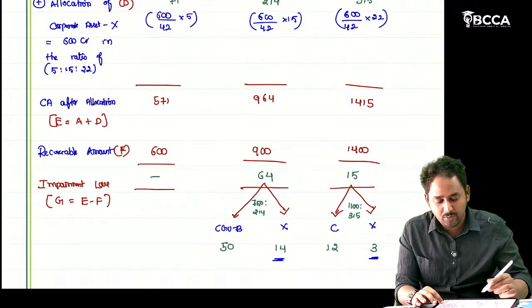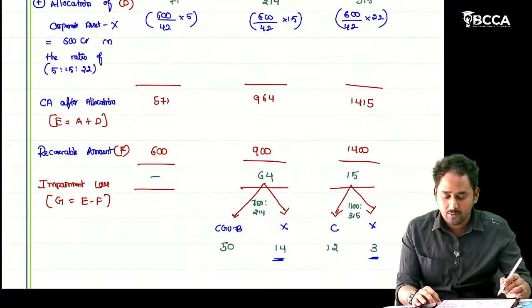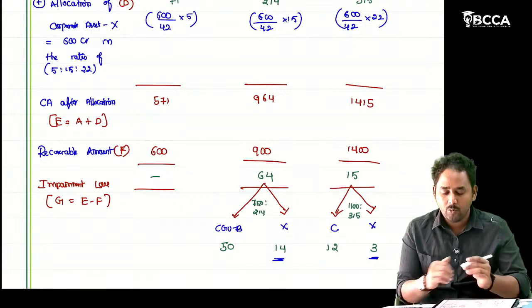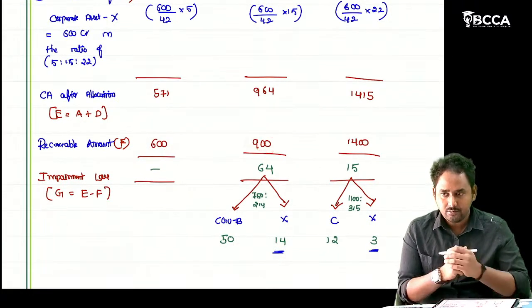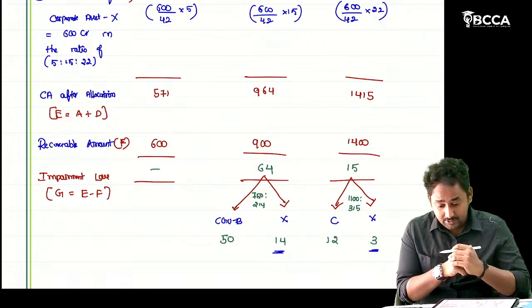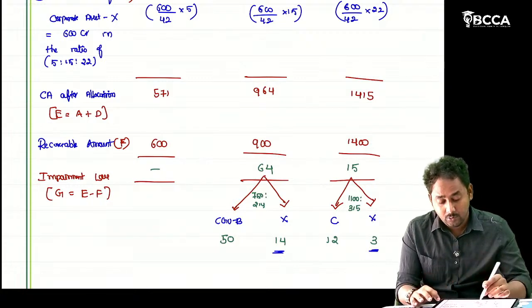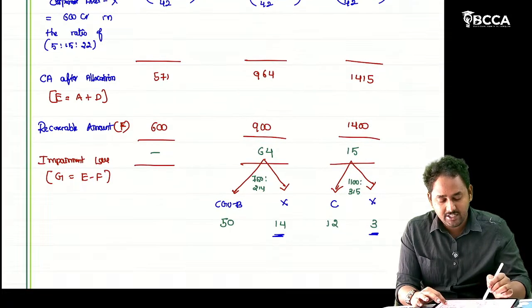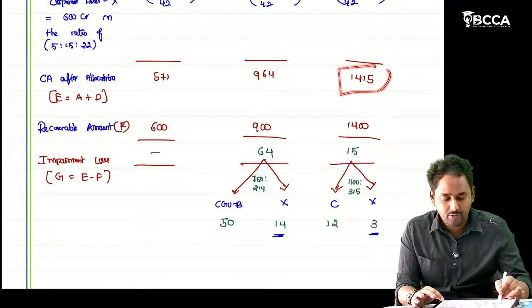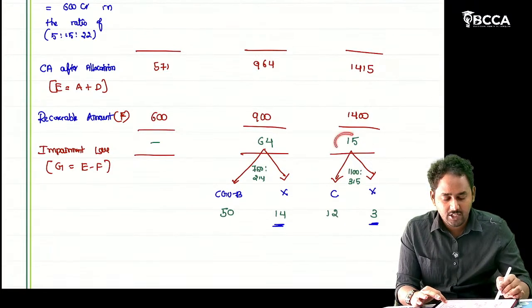Then there is no impairment of CGU A because the recoverable amount is more than the carrying amount. What about B? 964 minus 900, it is 64. And 1415 minus 1400, it is 15.